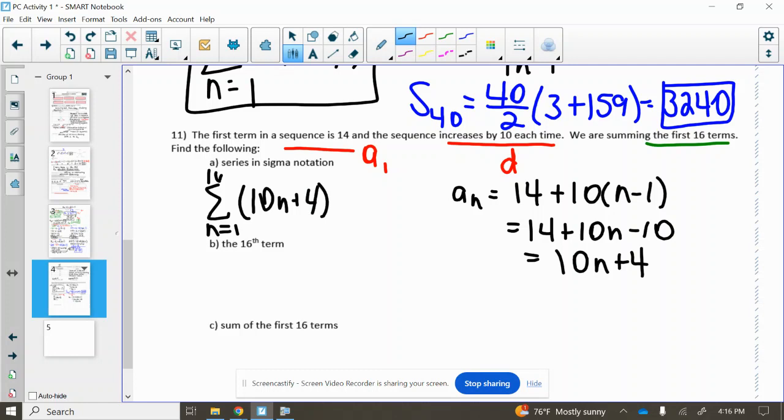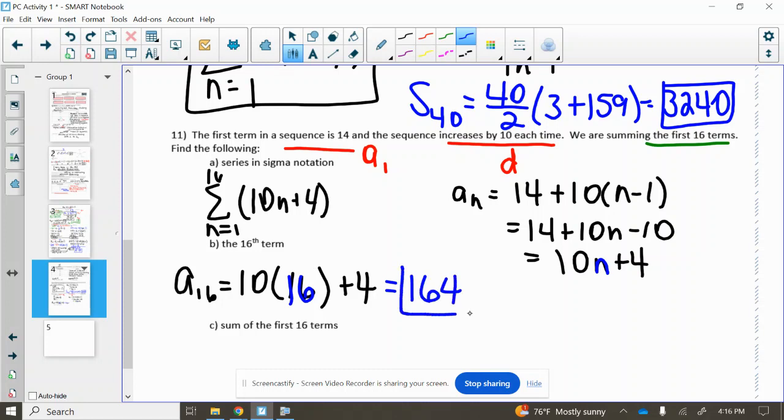The 16th term is found by using that rule as well, because we can use the explicit formula to help us find it. We are looking for term number 16, so n is 16 now, and that term would be 164.